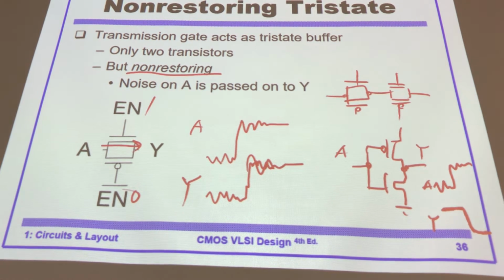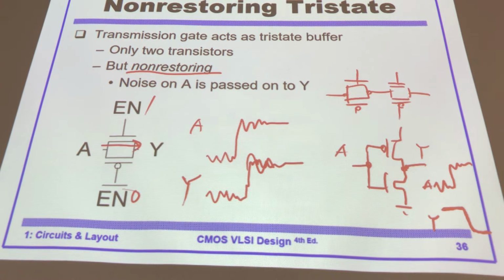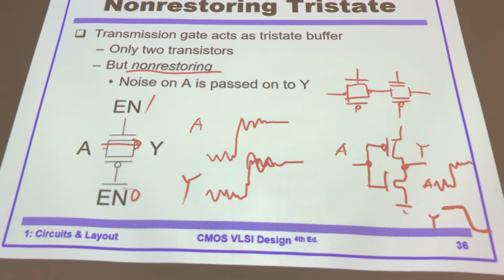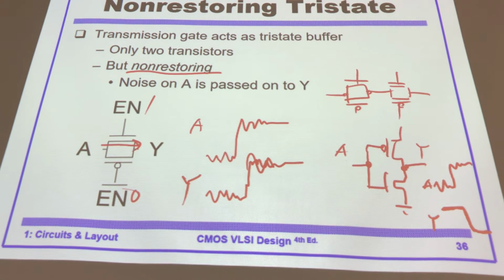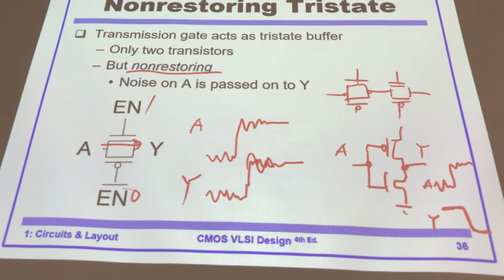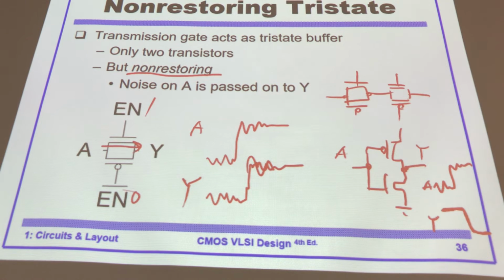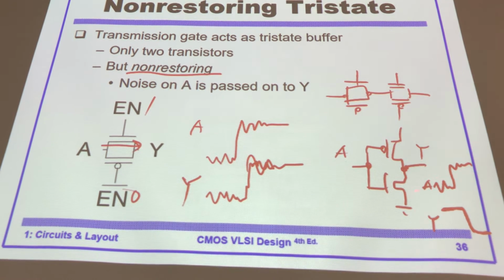So you can see the trade-off. For this kind of circuit, using a transmission gate or pass transistor, it is very small, and also fast. For the other static CMOS logic gate, it consumes more transistors and more chip area, but it's going to give you a very clean, very strong signal.